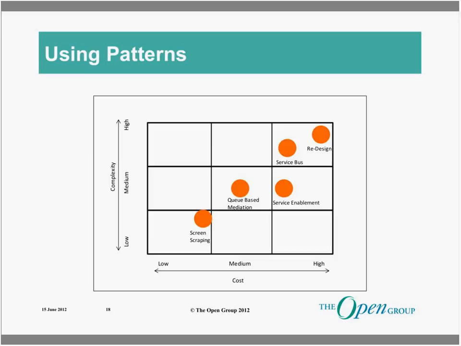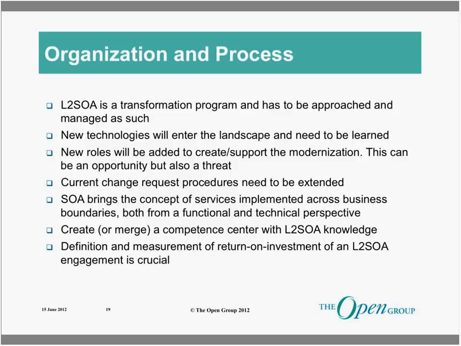Next slide, please. It's not only about technology. Of course, we talk a lot about technical aspects, but we have also discussed, and that's very important from a holistic perspective, the effects on organization and process. A few of them I will mention.